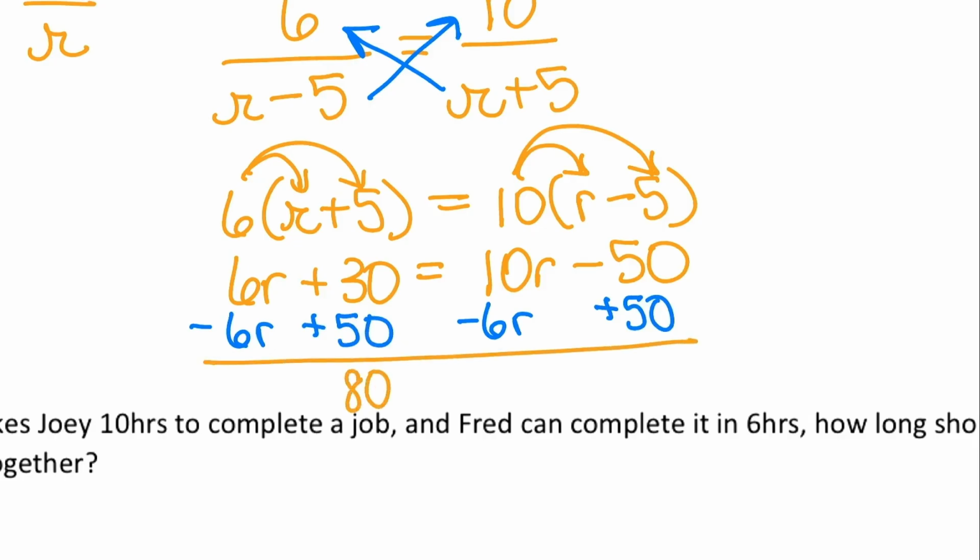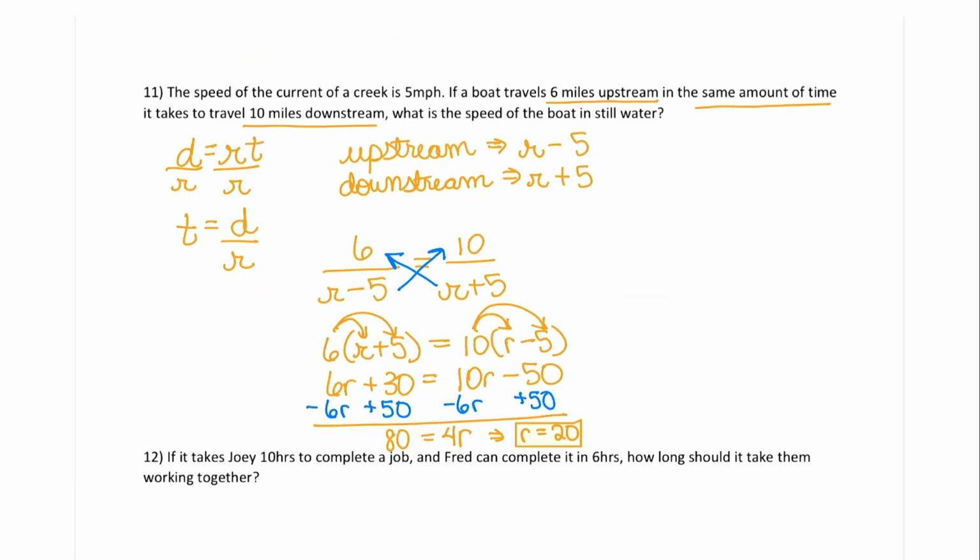Then we can have 80 equals 4r, which means that r is equal to 20. So for the interpretation, r up here is the speed in still water, and we just found out that r is 20. So the speed of the boat in still water is 20 miles per hour.